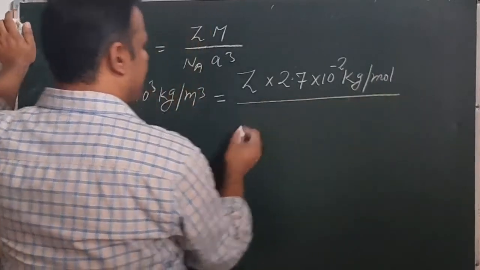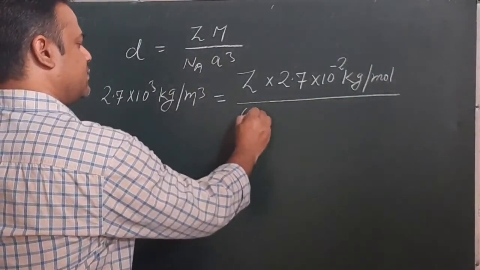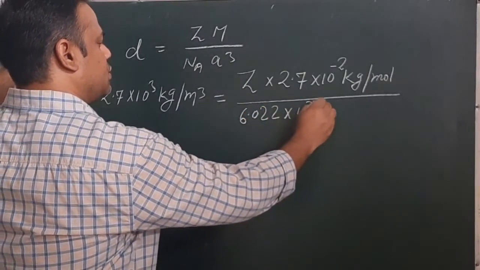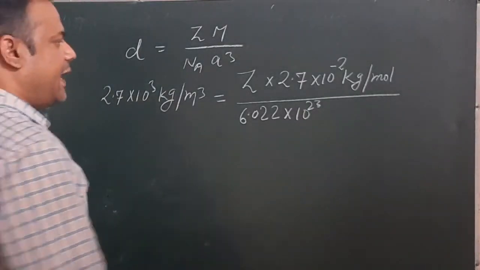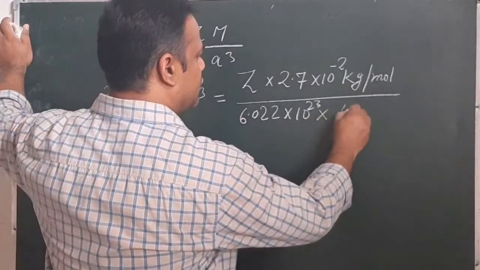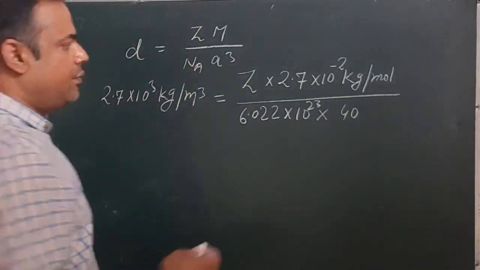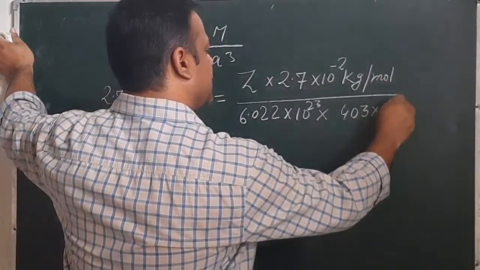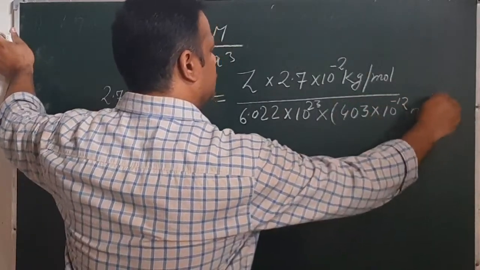The value of Na is fixed and constant, that is 6.022 into 10 raised to the power 23, and the value of edge length is given as 403 picometer, but we have to convert this picometer into meter, and for that we have the multiplication factor 10 to the power minus 12 meter and then whole cube.